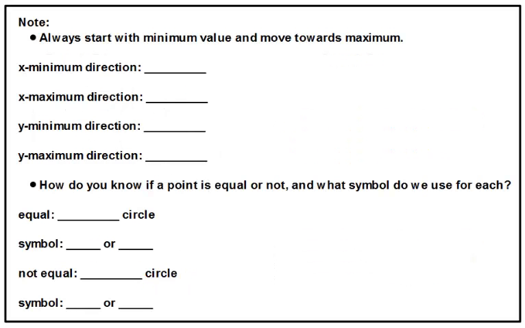Okay, when we're trying to identify the domain and range, one of the things we always want to do is start with the minimum value and move towards the maximum. If we're talking about the domain, we're talking about x's. The x minimum direction is the left, while the maximum direction is the right.